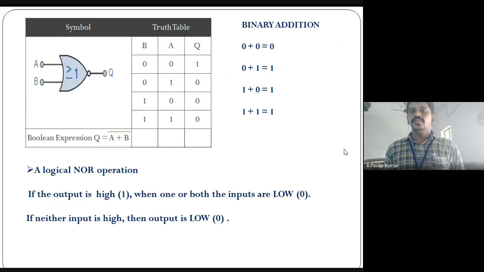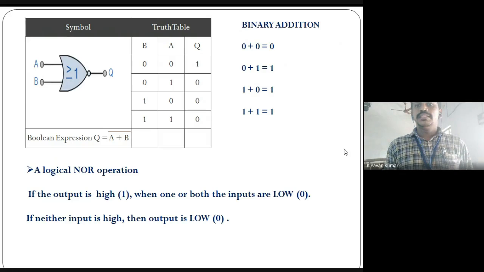So you use two variables in four combinations. In this symbol the Boolean expression is A plus B whole bar, hence 0 plus 0 is 0, and 0 bar equal to 1, negated OR gate. The remaining three conditions are the same, from A plus B whole bar.